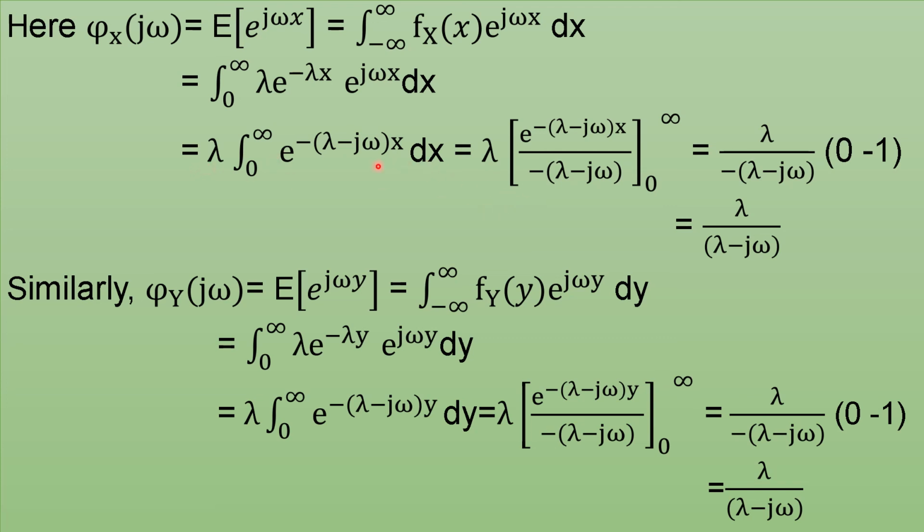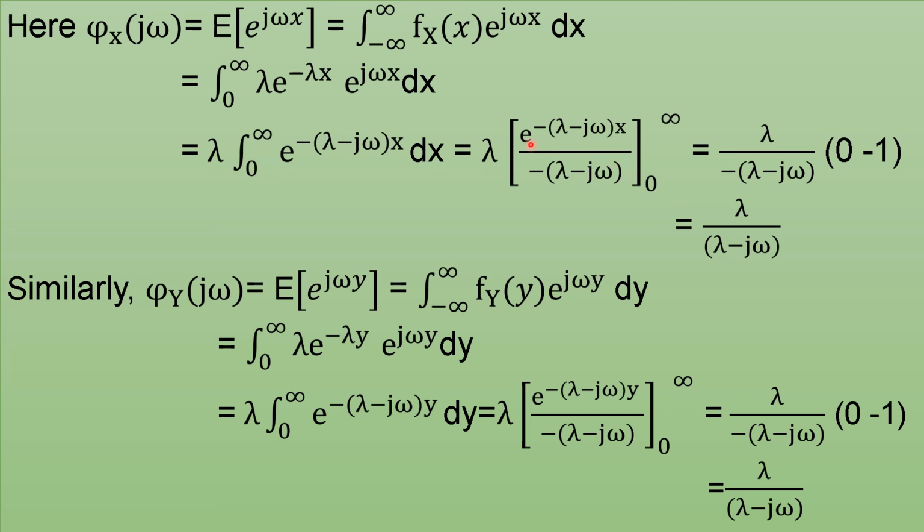Lambda into. Now integration of e power ax with respect to x means e power ax divided by the coefficient a. Similarly, integration of e power minus lambda minus j omega x with respect to x will be e power minus lambda minus j omega x divided by the coefficient of x, which is minus of lambda minus j omega. Difference at the upper limit infinity, lower limit 0.